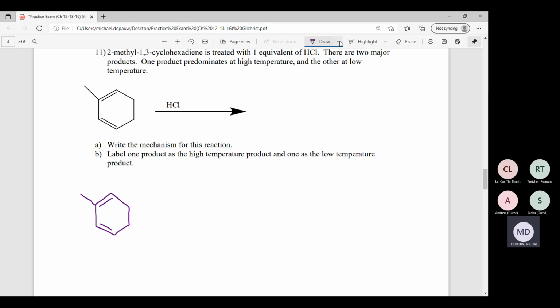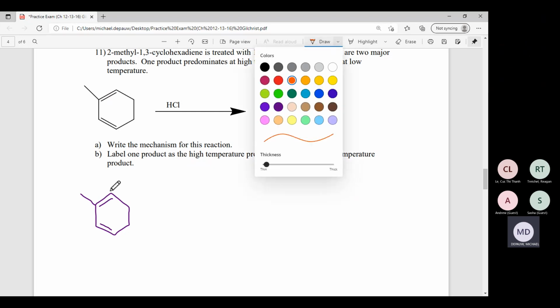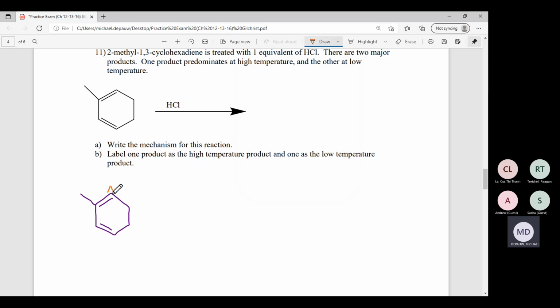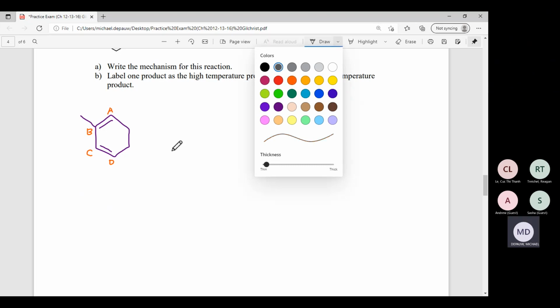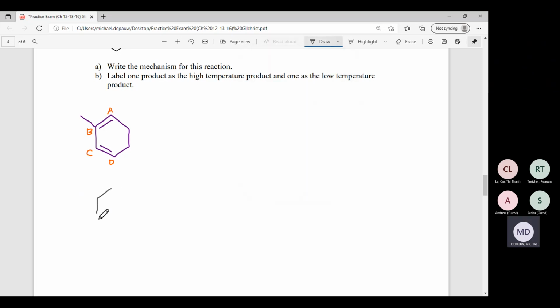So of these positions, which I'm going to go ahead and label here, where do you want the hydrogen to add so that you would get the most stable carbocation? You want the hydrogen to add to A, Seth? Yeah, that's correct. Now there's actually 2 possibilities. One possibility is that you could have the hydrogen add to C, or you could have the hydrogen add to D.